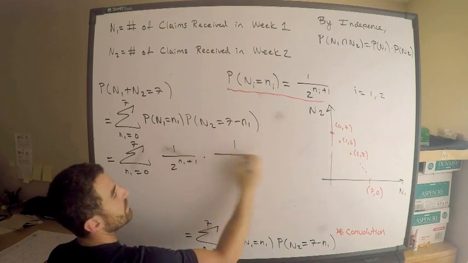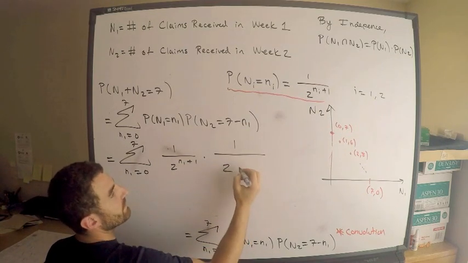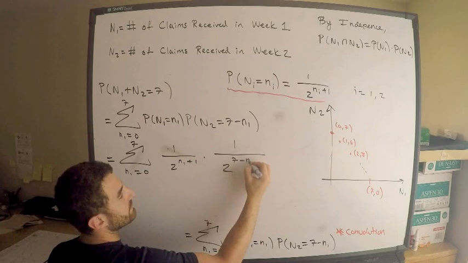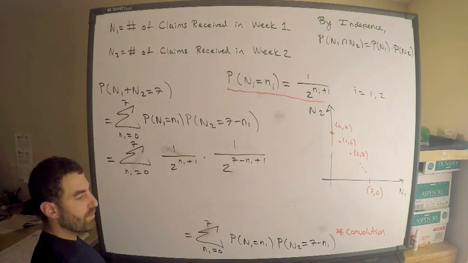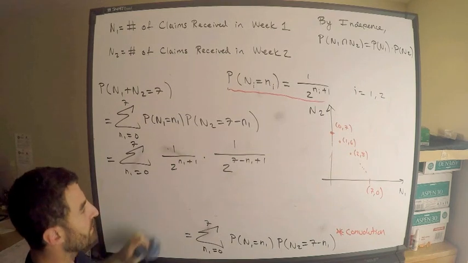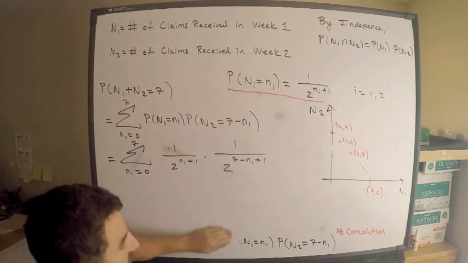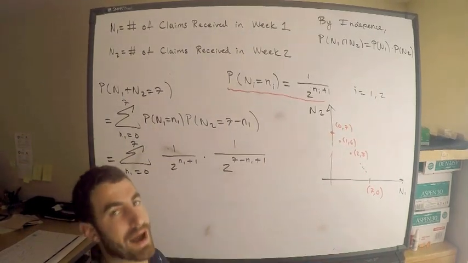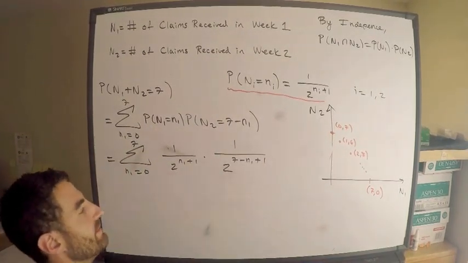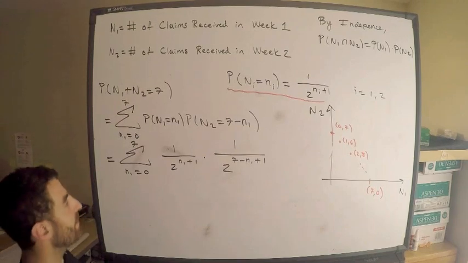So this is 1 over 2 to the 7 minus n1 plus 1, right? Something quite nice happens here. I'm going to use properties of exponents to combine the two powers of 2. Notice what happens to my variable n1.